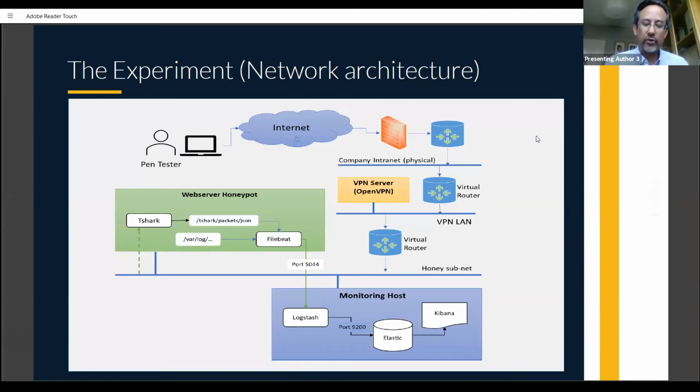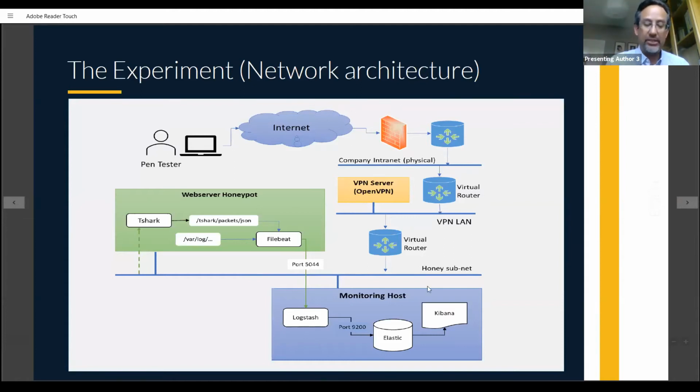And this is the architecture that we set up. Obviously, the pen tester is on the internet, in a different location, and a separate VPN was set up to allow the pen tester to access the subnets where the web server honeypot and the monitoring host were set up.